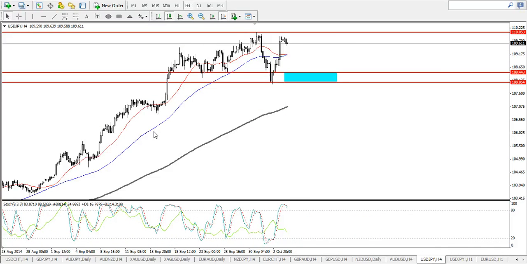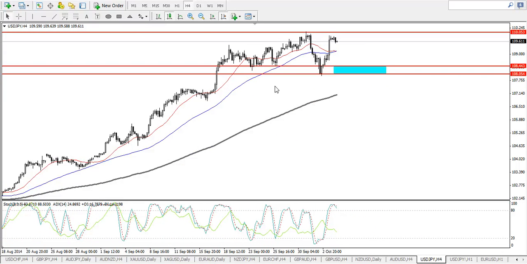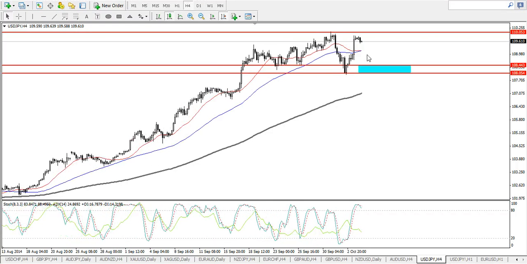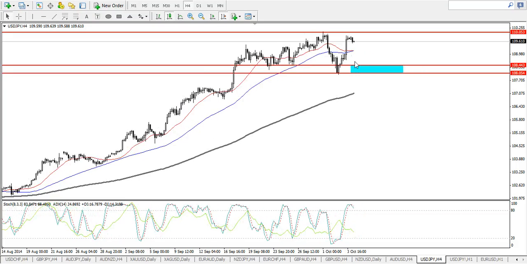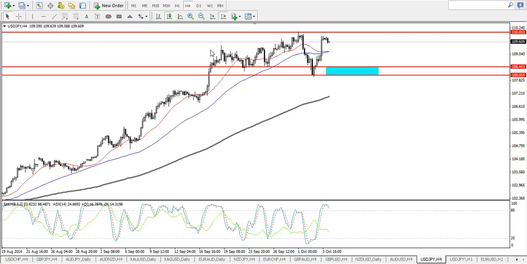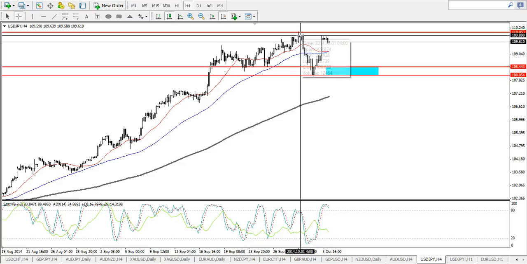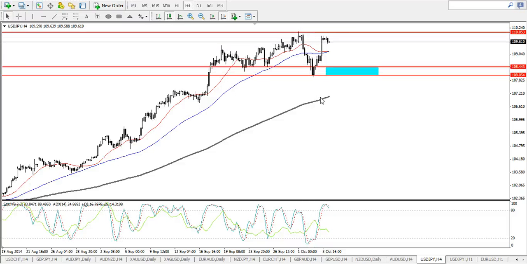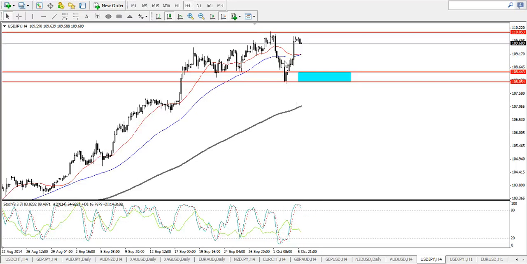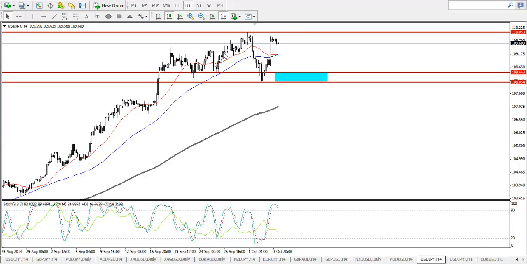Now back to the dollar yen. Well, dollar yen, as you can see, the strength of the price is not that strong anymore in terms of appreciation, especially when it reached the sentiment figure of 110. So what happened last Friday is that price depreciated all the way to 108.05, and then it appreciated again because of strong US employment data.